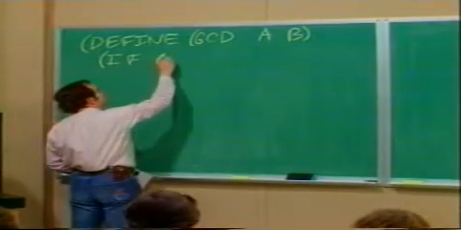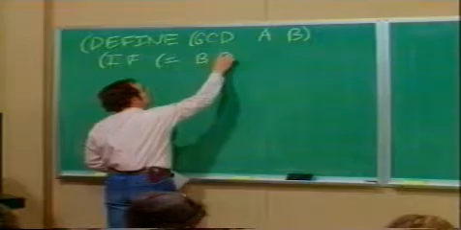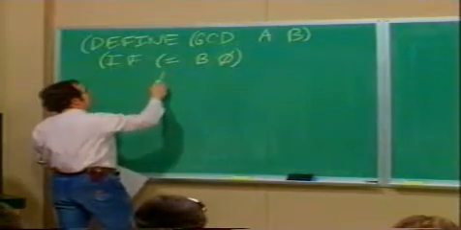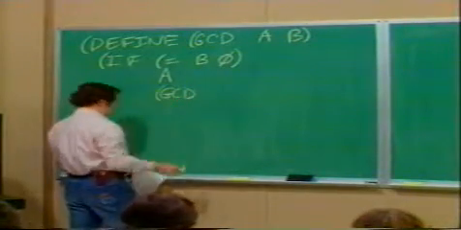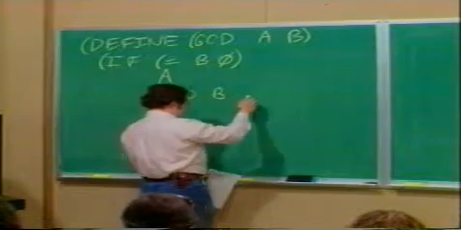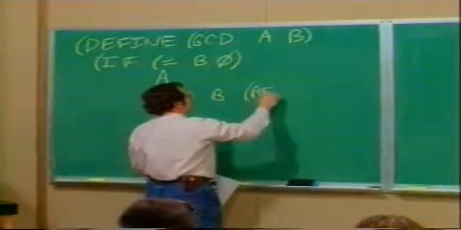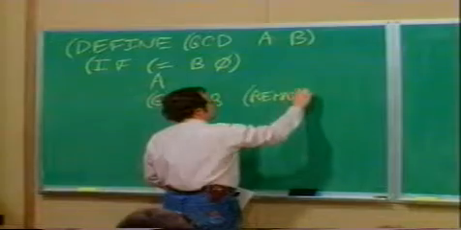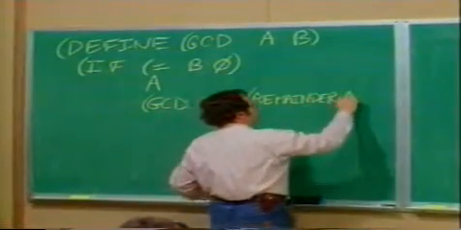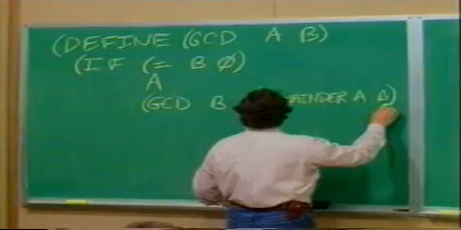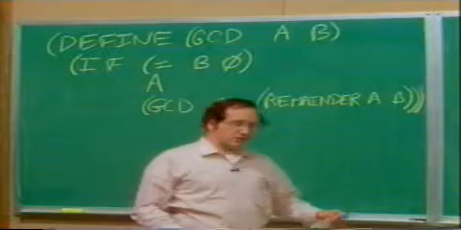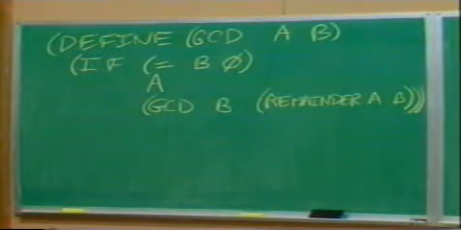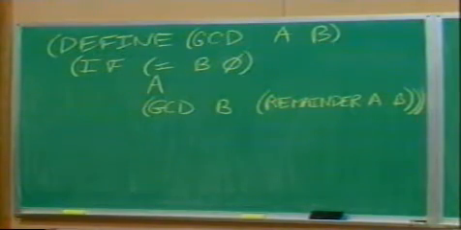And the algorithm is extremely simple. If B is 0, then the result is going to be A. Otherwise, the result is the GCD of B, and the remainder when A is divided by B. This is a simple recursive procedure, recursively defined procedure, or recursive definition, which yields an iterative process.